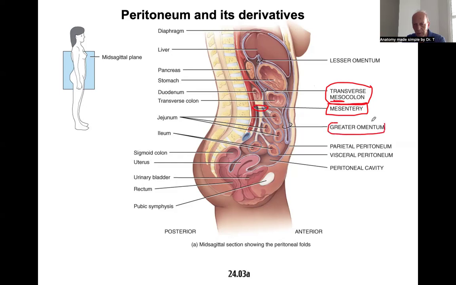We already know a little bit about it, practically sitting suspended or attached to the transverse colon, going all the way down and then folding up to reach the stomach. That's the greater omentum. Where's the lesser omentum? Here it is. If there is a greater, there has to be a lesser omentum. Another little derivative which connects the underside of the liver to the lesser curvature of the stomach.